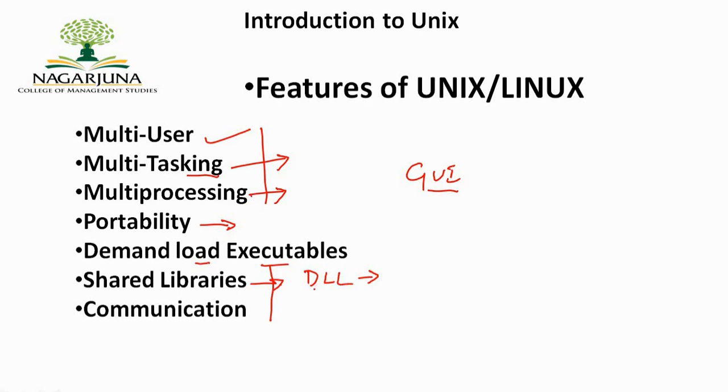The next feature of the Unix operating system is communication. Unix provides highly effective communication, establishing communication between users working on different terminals connected to the same machine, or between users of different machines interconnected by a network.